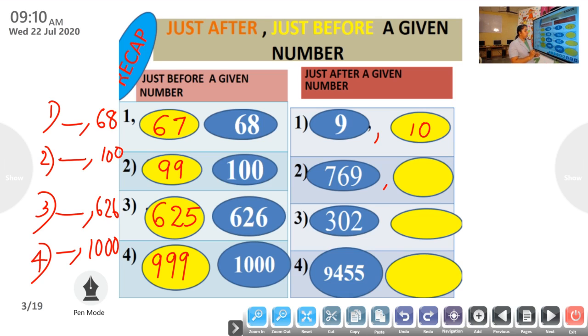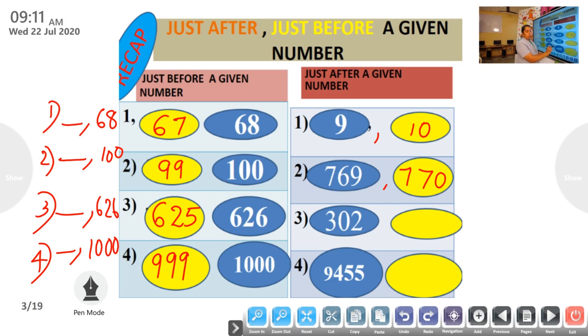What is the number after? Which number comes after 769? So first 100 space is same. Then after 69, so 70. Isn't it? So 770.